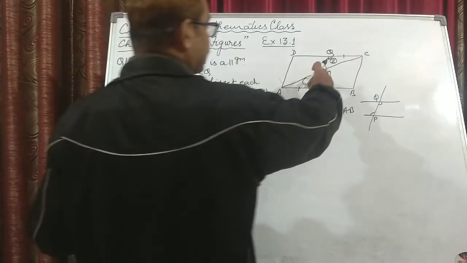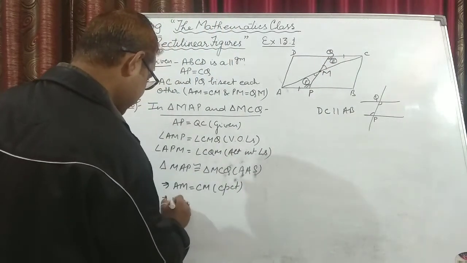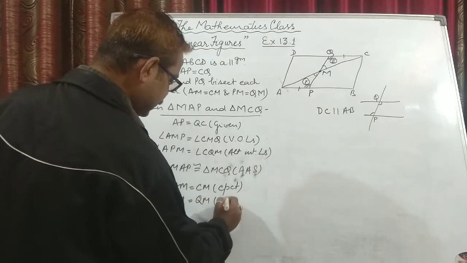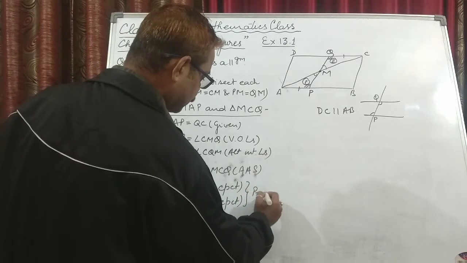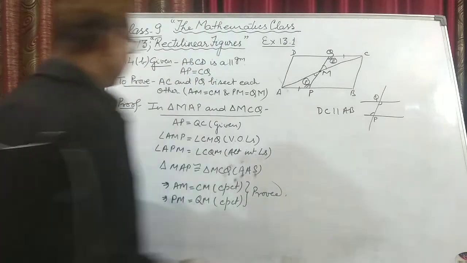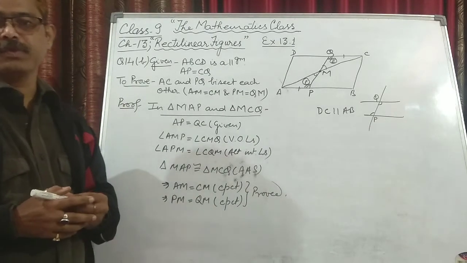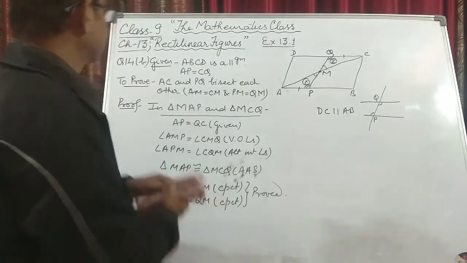At the same time, PM is equal to QM by CPCT, and that is your proof. Hence proved. So this is the second part of question number 14. Now we move on to question number 15.